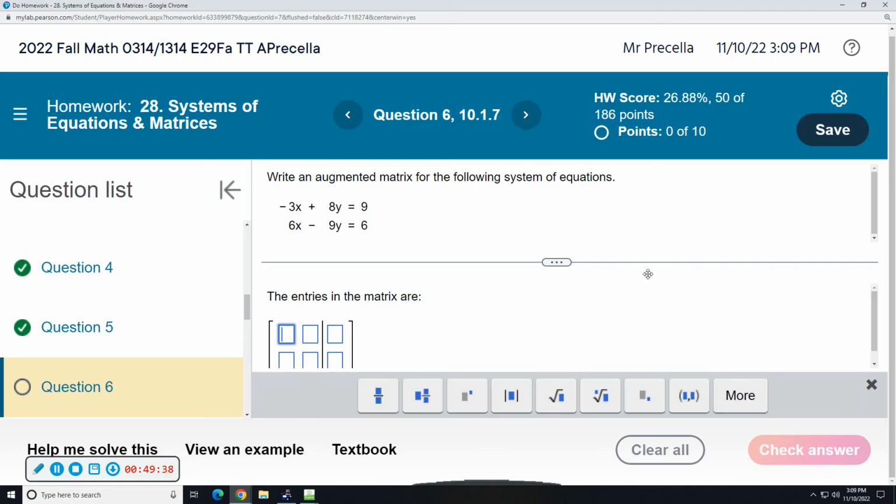To create an augmented matrix, you need your like variables aligned, and you need your constant terms aligned on the other side of the equation.